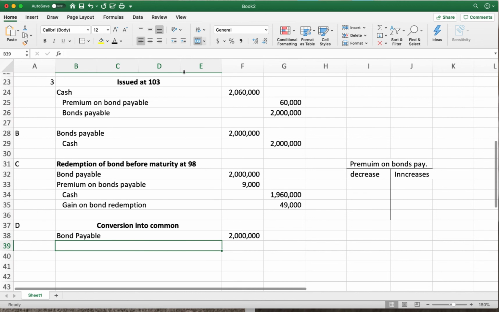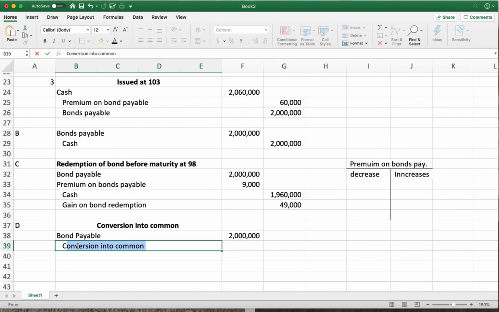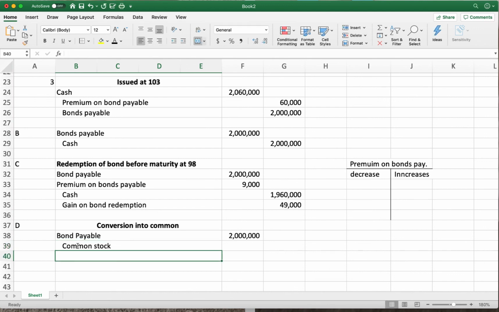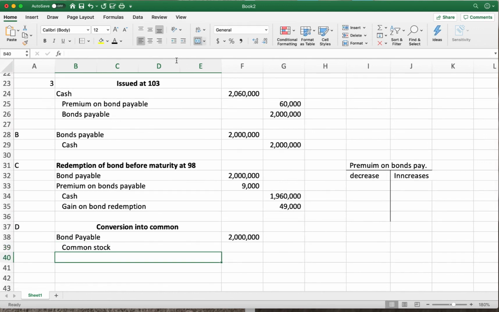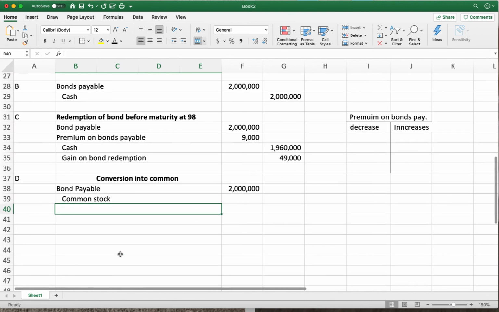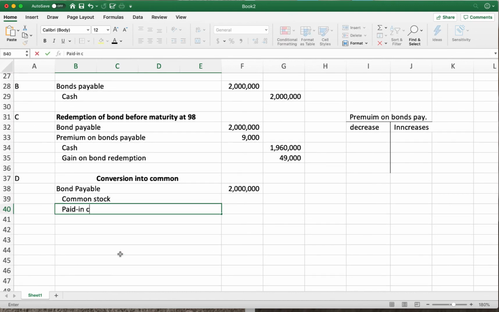The next thing we need to do, and this goes back to our previous chapter, is credit common stock and credit paid in capital in excess of par.